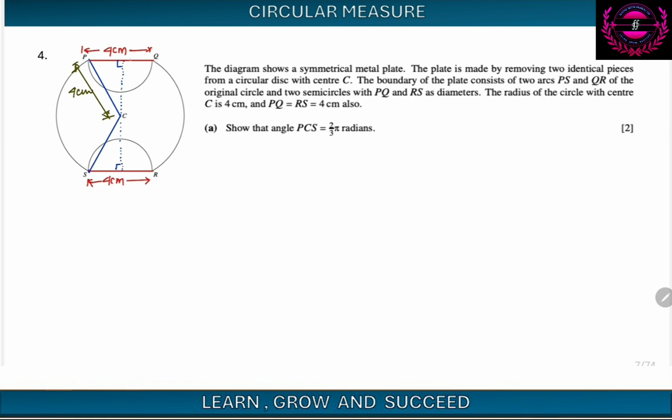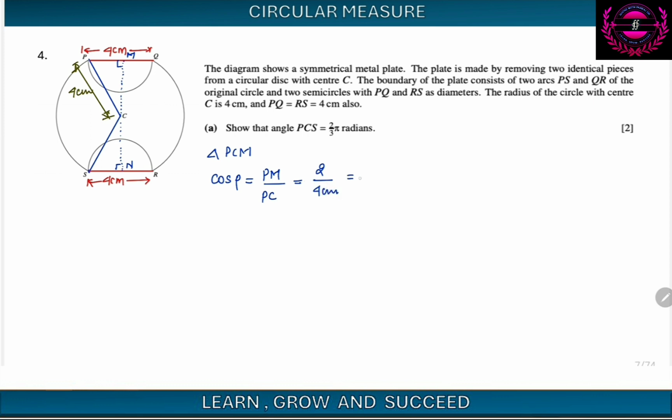So the midpoint of PQ is M, and the midpoint of SR is N. Using triangle PCM, it will be cos of P, not sine of P. Cos P will be PM divided by PC, where PM is half of PQ, so this is 2 centimeters, and PC is given to be 4 centimeters.